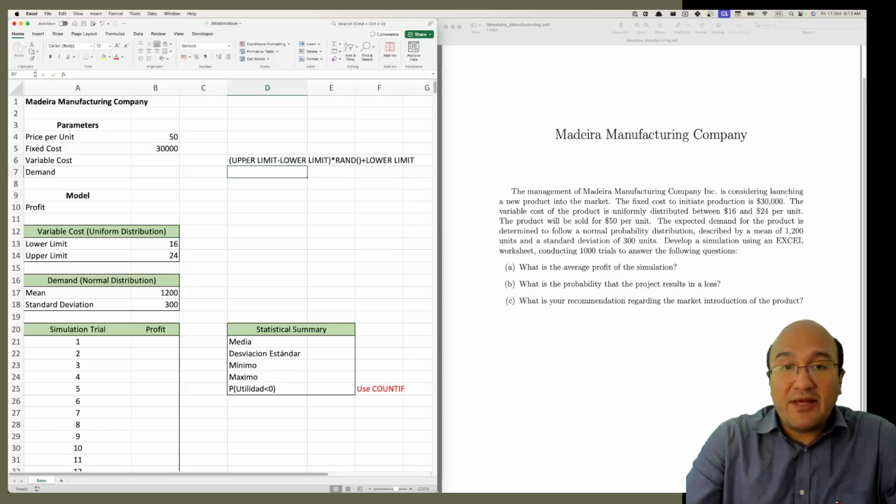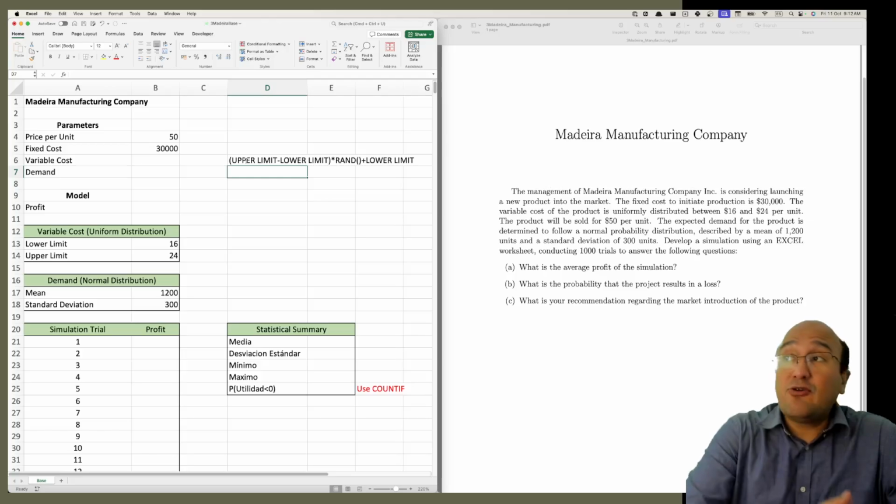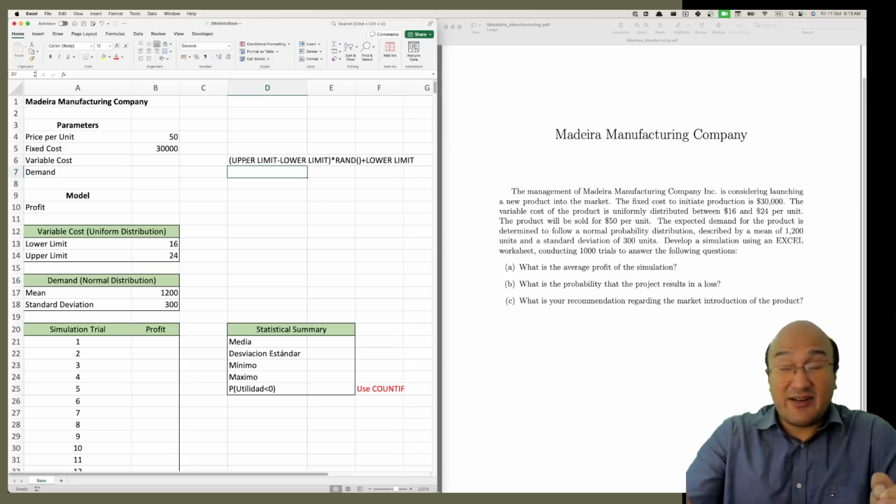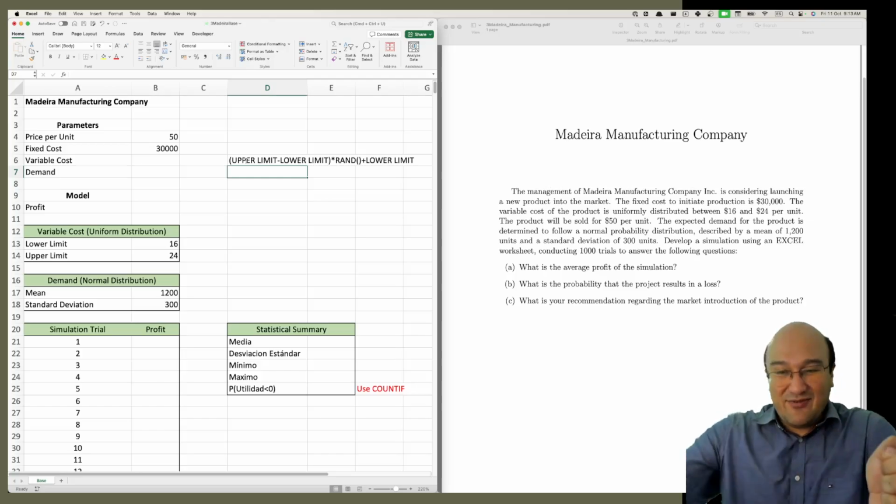What does this formula mean? Well, random is the function with which you generate a number between 0 and 1 with uniform distribution. If you multiply it by the upper limit minus the lower limit, that's the length of the interval you are going to generate, you enlarge that random number from 0 to 1 to the length of the interval.